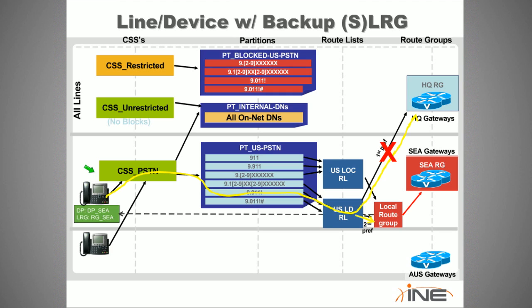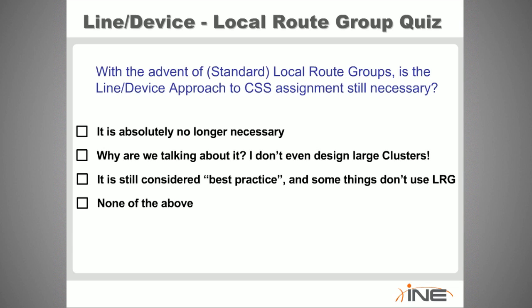We had 1 for CSS allow long distance, 1 for CSS allow international, 1 for CSS allow local, 1 for CSS allow restricted, internal and emergency, and then not do anything on the line. Well, for this simple illustration that we have here, and believe it or not, this is very simple compared to some of the things we can talk about and get into, technically, we don't need it.